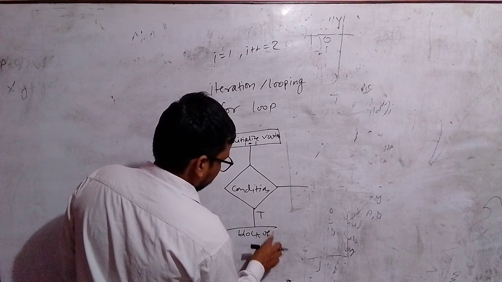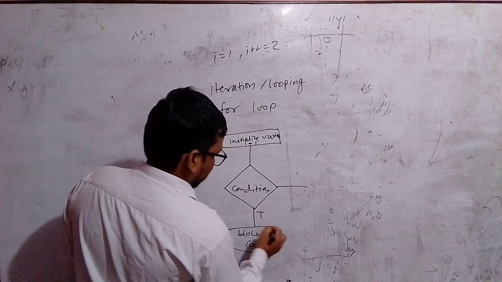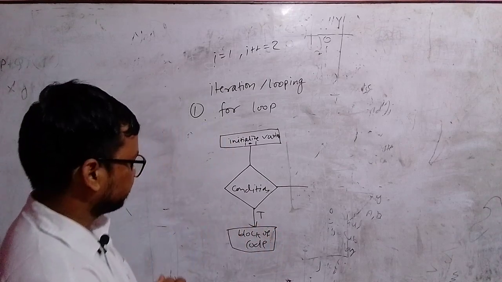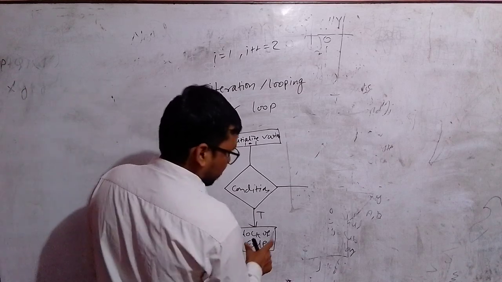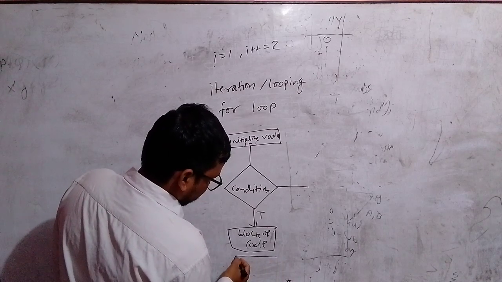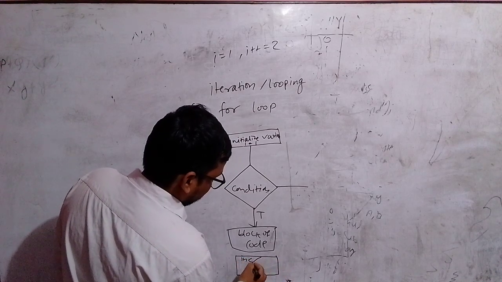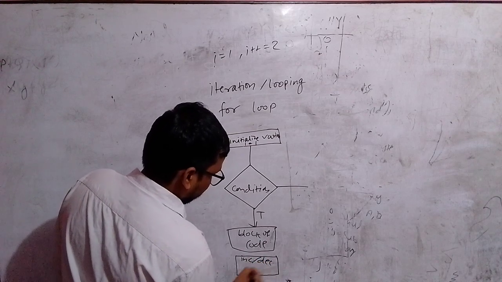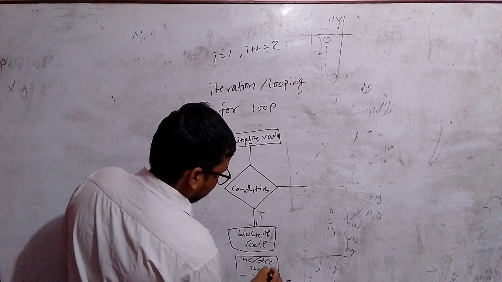Then the block of code will execute, and after that, increment or decrement. I plus plus or I minus minus.